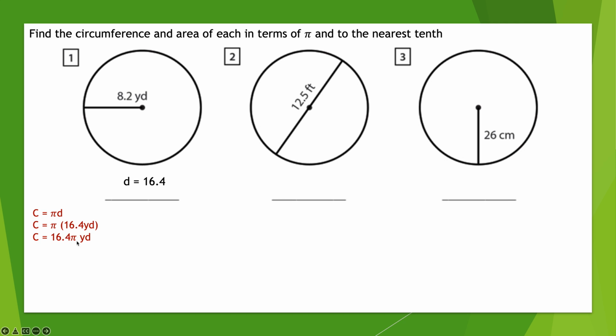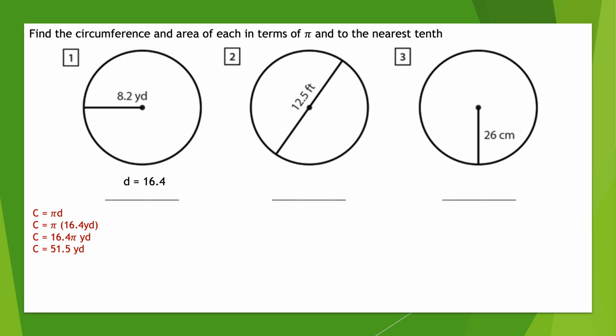We traditionally put the 16.4 in front like a coefficient. And even though the pi is not a variable, we kind of treat it like one, but it has a specific value. If I want to round to the nearest tenth, I plug in 3.14, and 16.4 times 3.14 gives me 51.5 when rounded off.